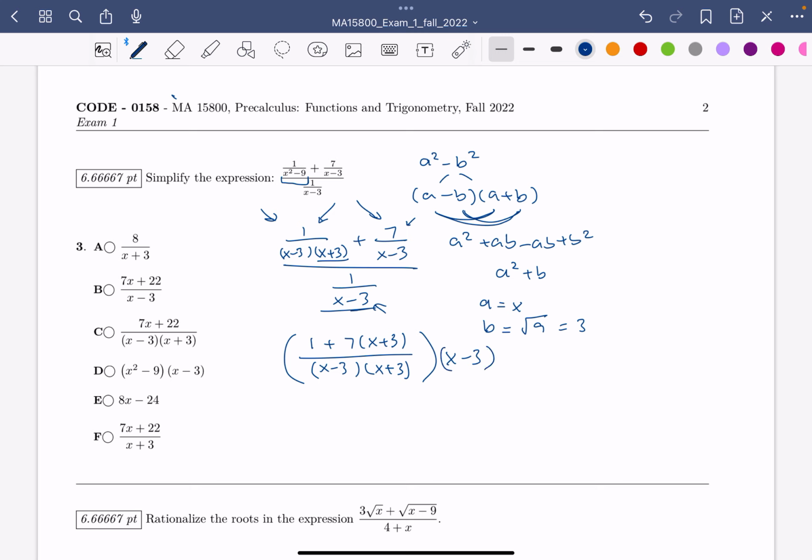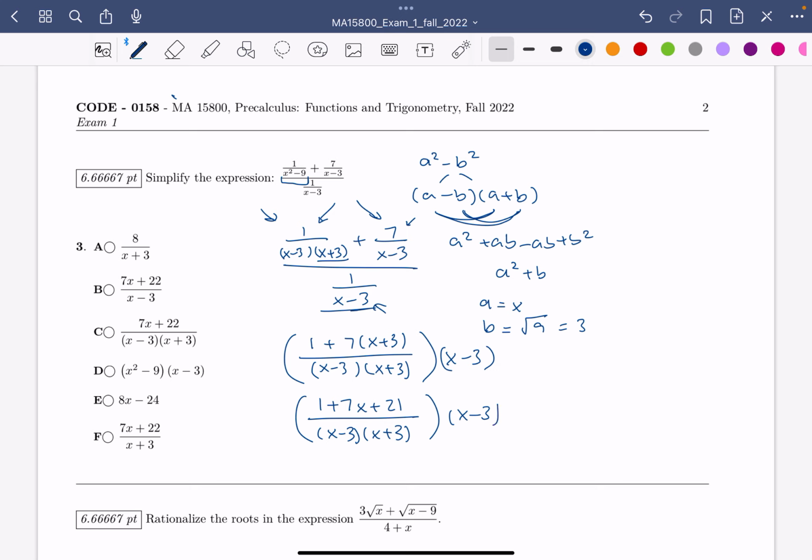So we're going to simplify a little bit. Let's go ahead and simplify the numerator. So it'll be 1 plus 7x plus 7 times 3 is 21 over x minus 3 times x plus 3 all times x minus 3.